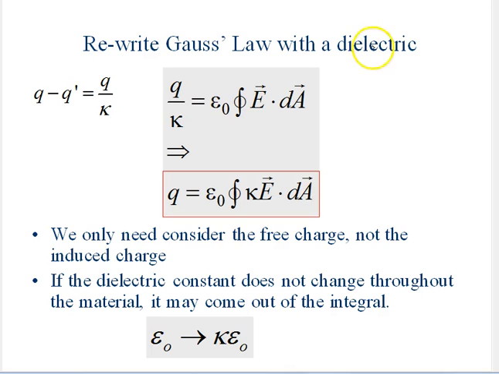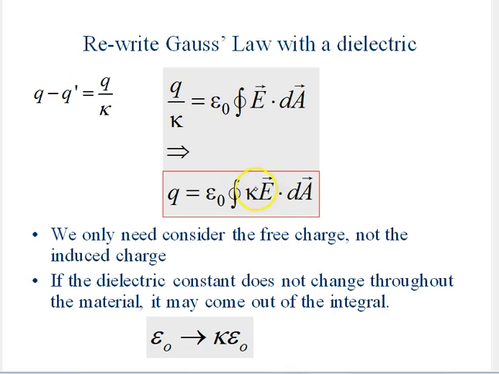So we can rewrite our Gauss's law using that our enclosed charge, the free charge minus that induced surface charge, is going to be the free charge divided by kappa. Rewriting Gauss's law in its integral form, we can put kappa in the integral.